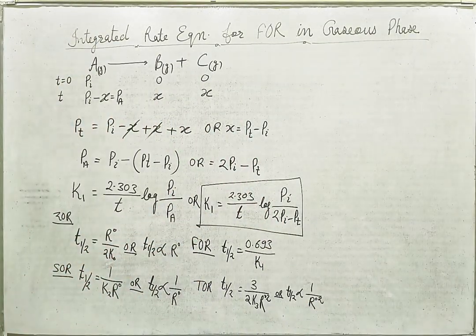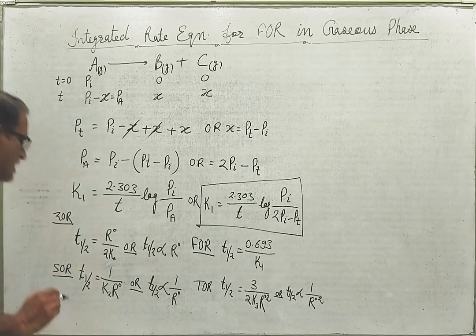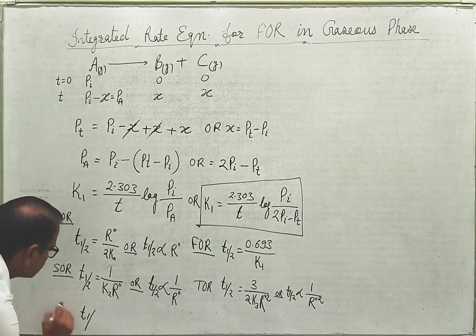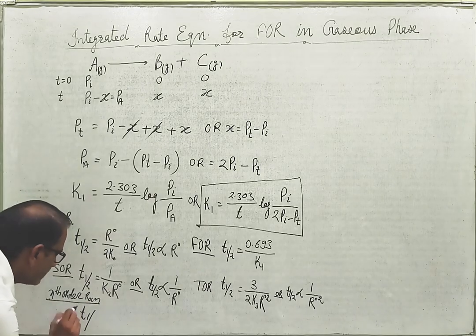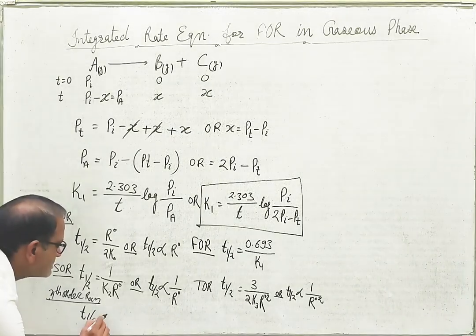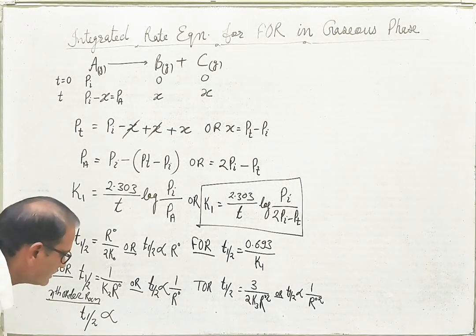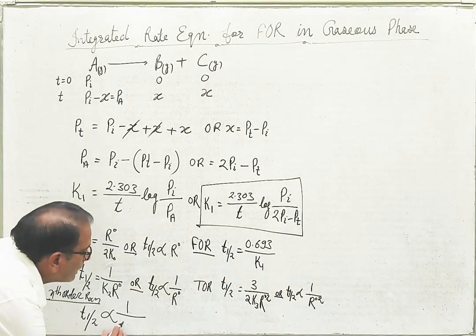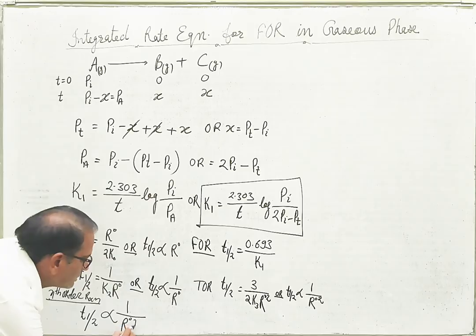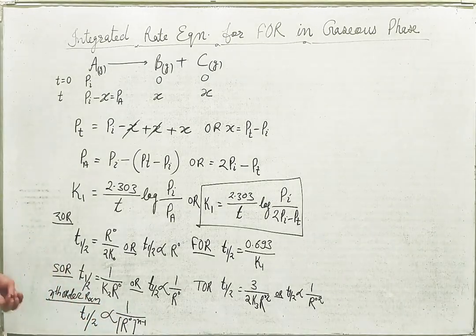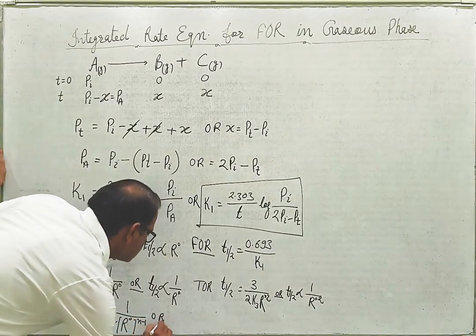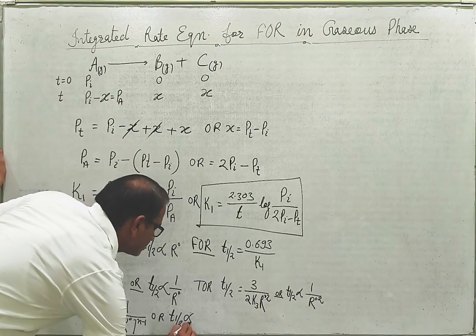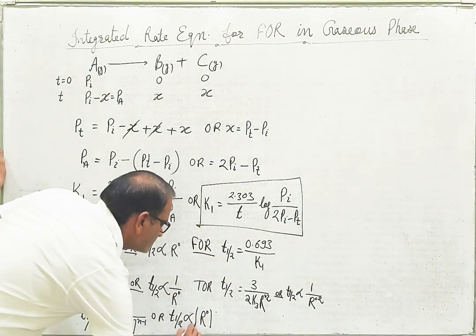So from the values of all these T half, we can say that T half of nth order reaction is directly proportional to 1 by R naught raised power n minus 1, or we can say T half for nth order reaction is directly proportional to R naught raised power 1 minus n.